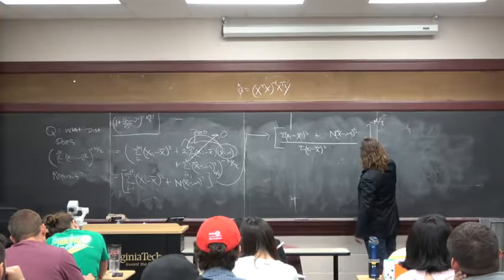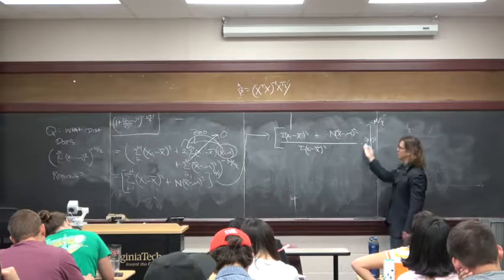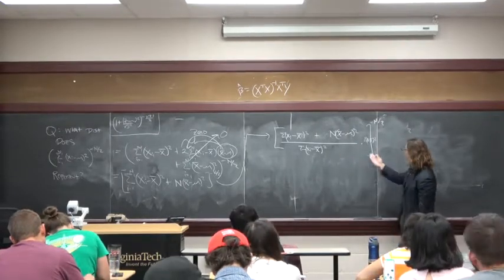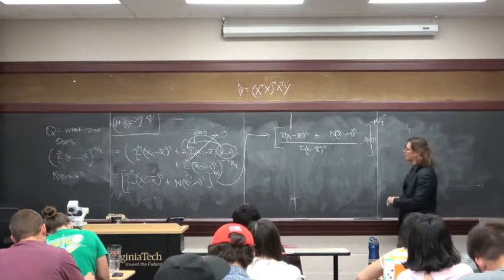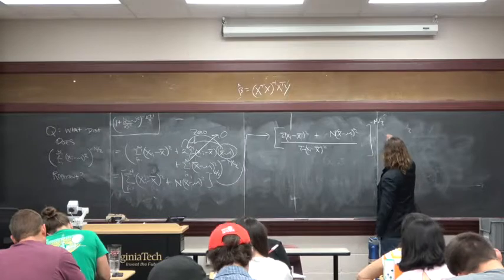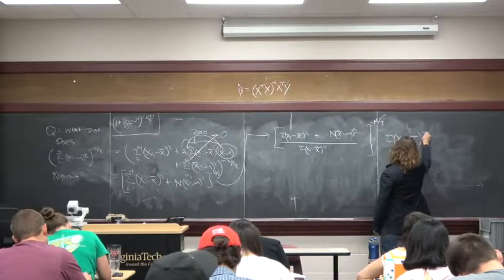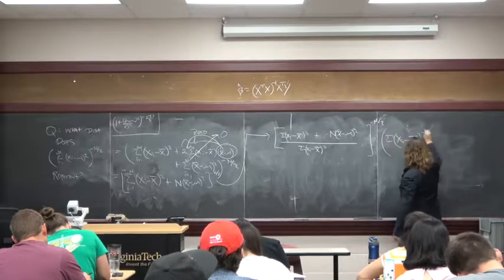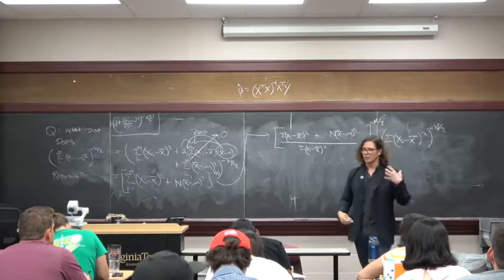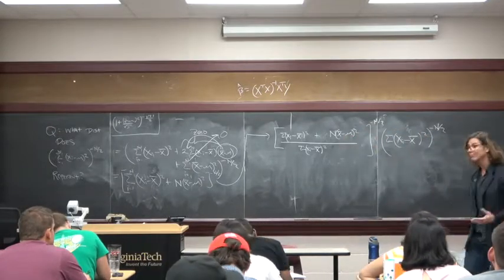So the sum of the xi's minus x bar squared is the same term on both the numerator and the denominator. But this term right here I can now factorize outside. So this is going to be the sum of the xi's minus x bar squared, raised to the minus n over 2. A lot of explanation for something I'm throwing away, so I won't explain it in that great detail next time.